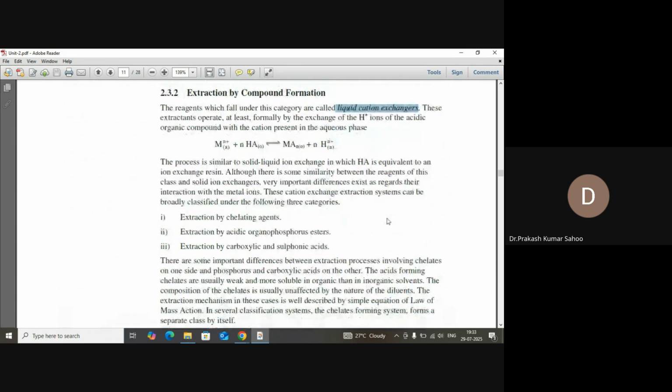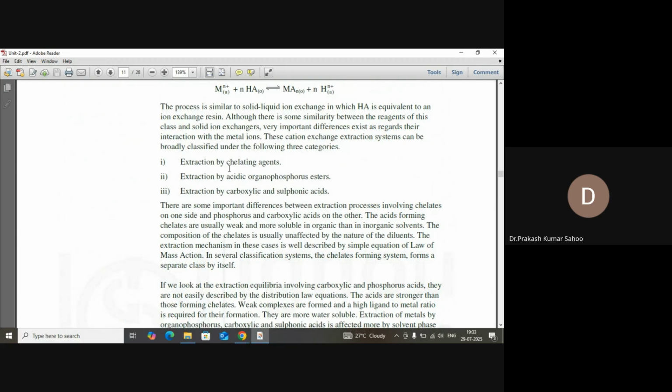Okay. So we may use chelating ligands, which may form different bonds, forming a cyclic type structure. Chelating agents or chelating ligands and chelating complexes are exceptionally stable, so that's why chelating ligands may be used. Extraction by acidic organophosphorus esters or by carboxylic or sulfonic acids.